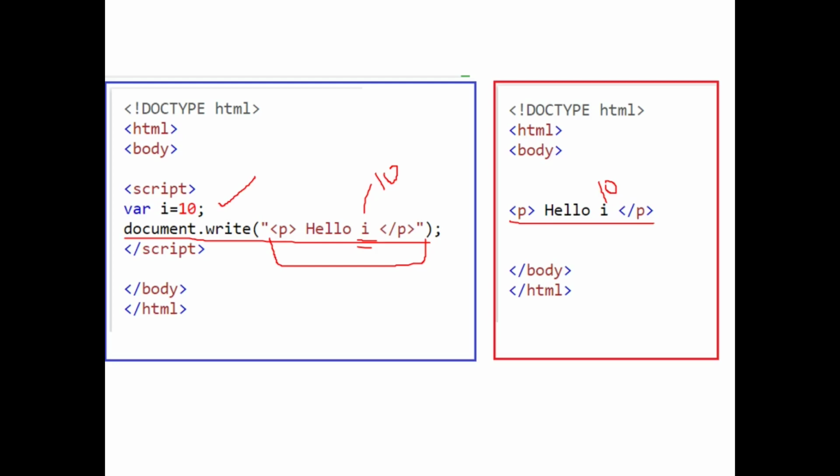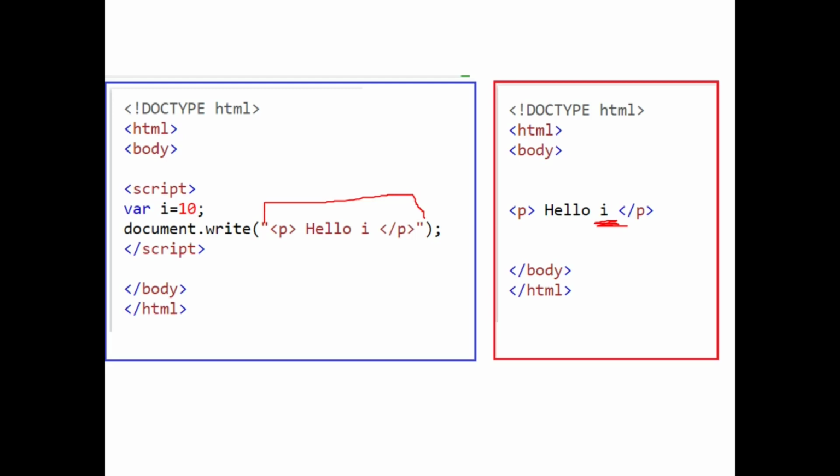But as you see here, there is no 10. Instead of 10, you can see the character I itself. That is because I have passed a string parameter to document.write inside double quotes. So it takes the entire string as a single parameter and replaces that entire string into the HTML code, because it is the document.write function. It writes the parameter given as a string into the HTML code and replaces the entire JavaScript.